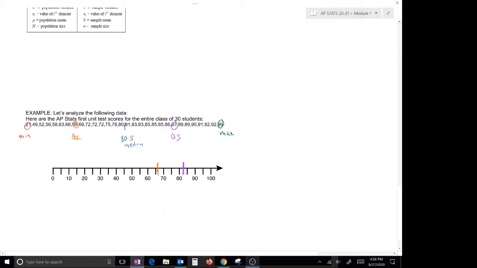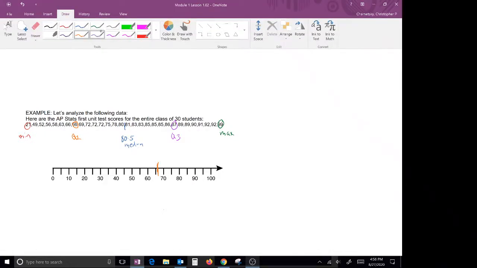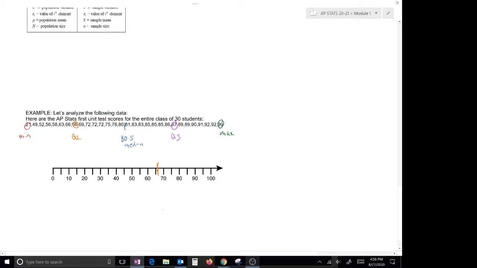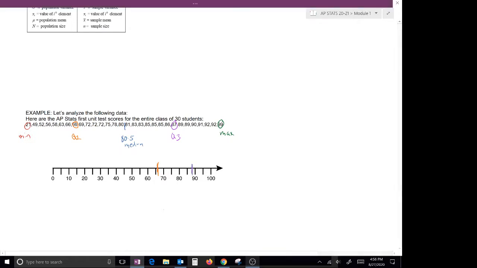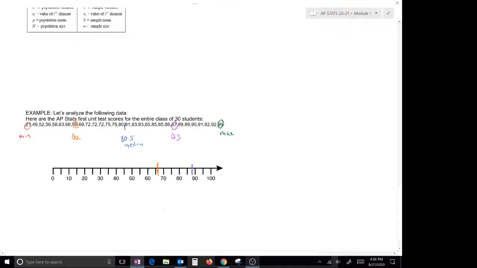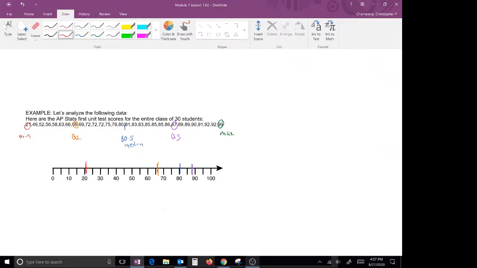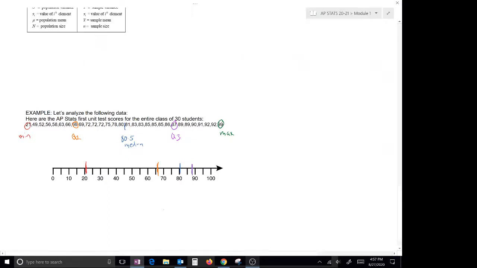Our median. Oops, I put the Q3 in the wrong spot. Q3 is 87, so that's closer here. There we go. Median was 80.5, so just right about here. Our minimum is 21, and the maximum was 99.